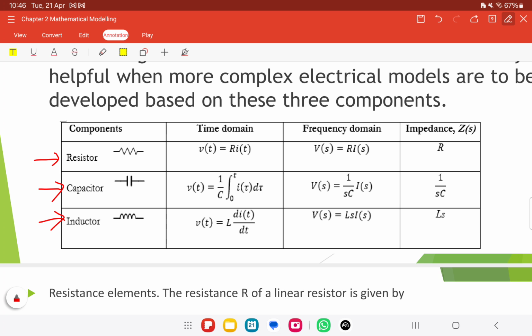How about voltage source, Haikal? Now, how about voltage source? Active or passive? Haikal, where are you? So is the voltage source active or passive?